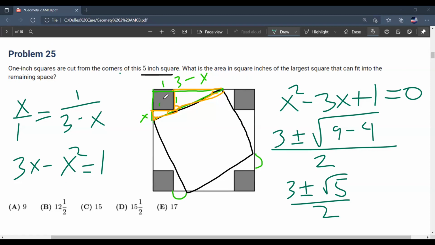So another way is that we could use the even larger similar triangle, with height 1 plus x and base 4 minus x, and then we could just find 1 plus x times 4 minus x, and then we'd also be done. So basically we just plug in x, solve, and then we're done, right?